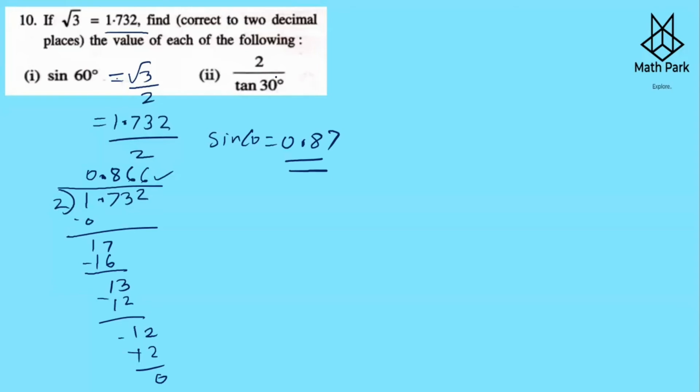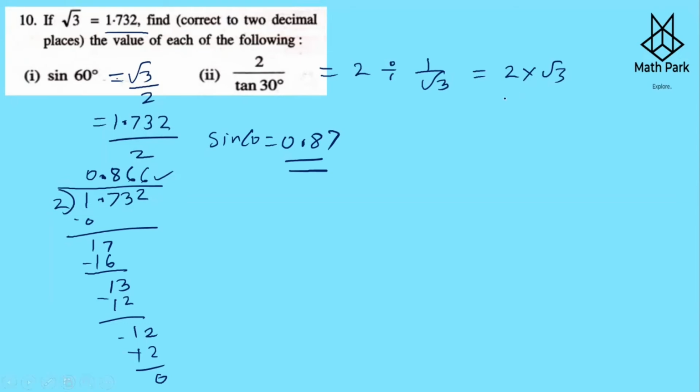Got it? Now 2 upon tan 30. The value of tan 30 is 1 by root 3. So 2 divided by 1 by root 3 is equal to 2 times root 3. You are multiplying by root 3 here.